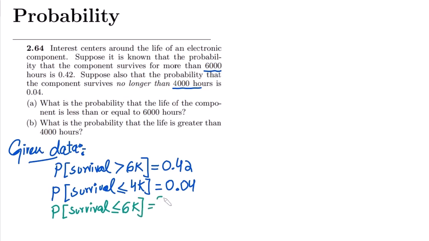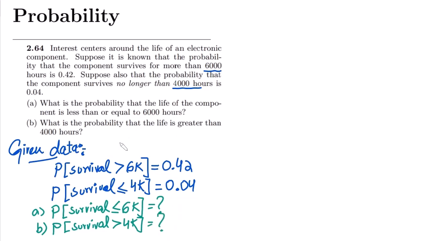And in part B, what is the probability that the life is greater than 4,000 hours? So the probability that survival is greater than 4,000 hours is what I have to find out.